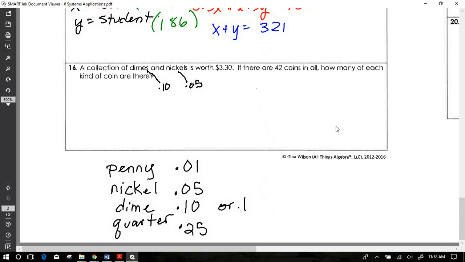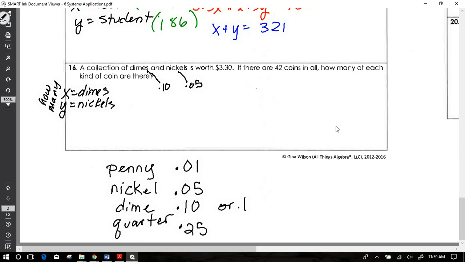So the two things that I have are dimes and nickels. And really it's representing how many I have. I know their value, but now I need to figure out how many, right?